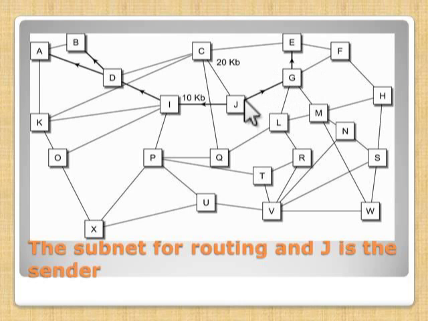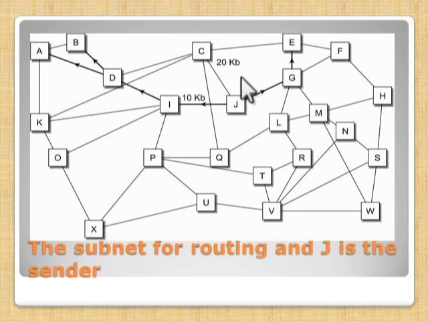Second, J sending data to A, the next router will be I and the interface will be I and D. Now J sending data to B, the next router will be I and the interface will be I and D. J sending data to X, the next router will be I, and the interface will be 2, I and B.